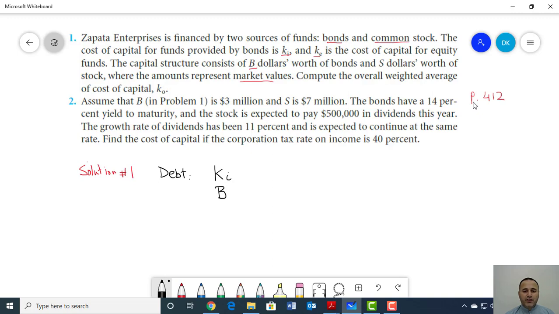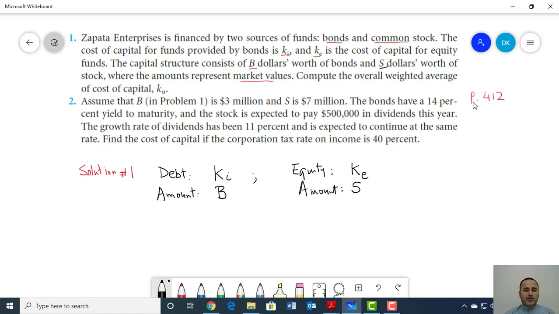For equity, on the other hand, the cost is of course KE, and the amount is S, for stock.